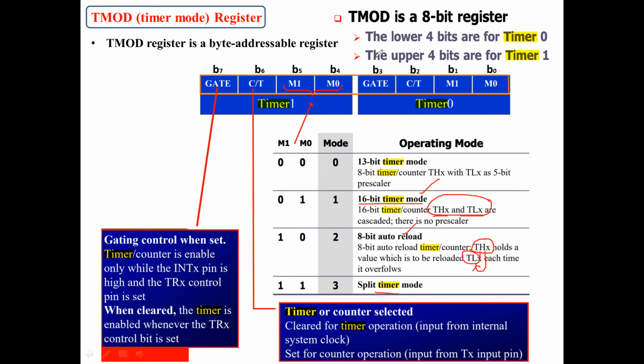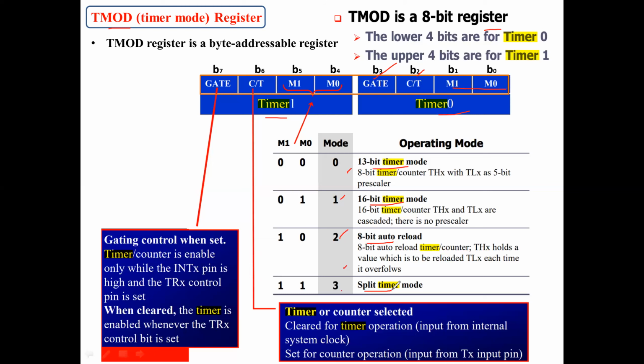As of now, you must understand that the timer mode register is an 8-bit register. The lower nibble is for timer 0, the higher for timer 1. The bits are gate, timer or counter, and mode bits. Mode 0, 1, 2, 3: 0 is 13-bit timer, 1 is 16-bit timer, 2 is 8-bit auto reload timer, 3 is split timer mode.